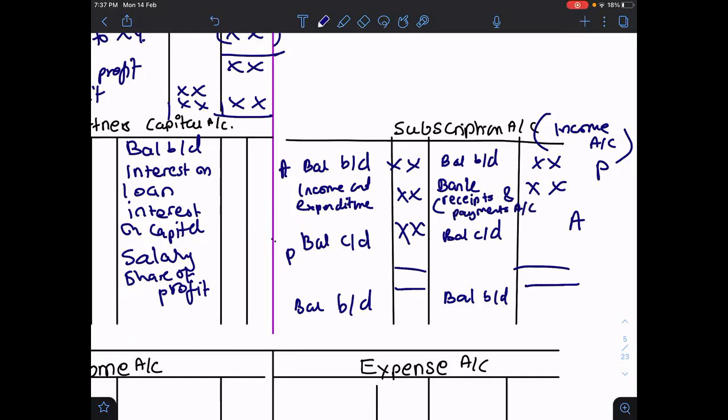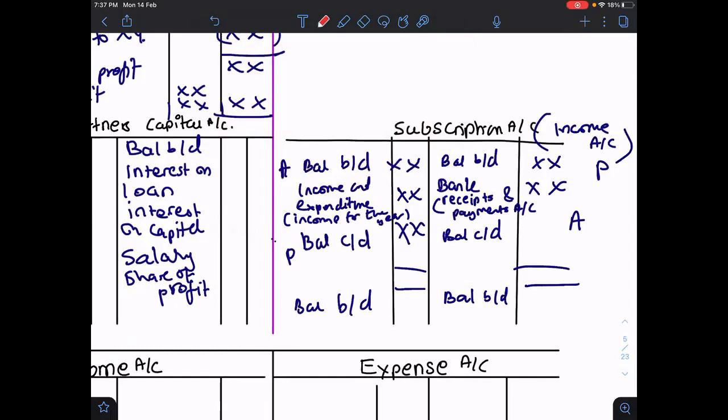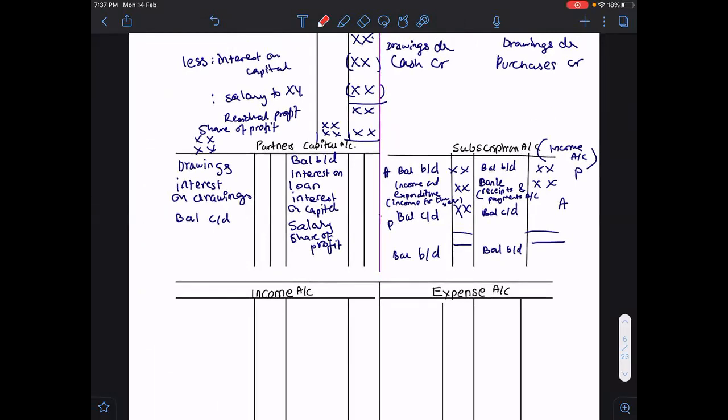That will be the total subscription received income for the year. Income for the year. What will that be? Income for the year. Yes, expense understatement. उसका share कितना है? 2/3. Okay. Fine.